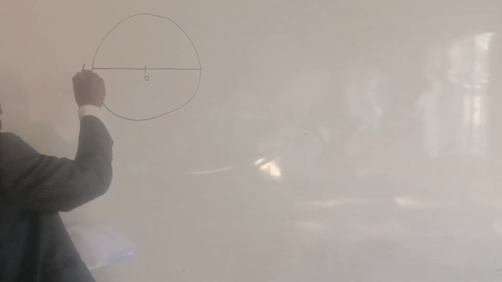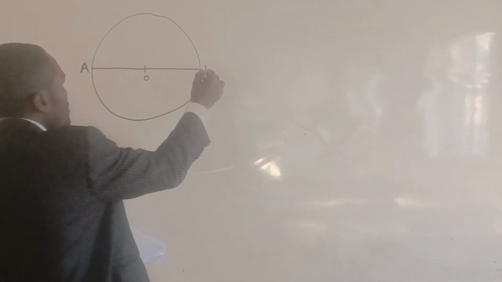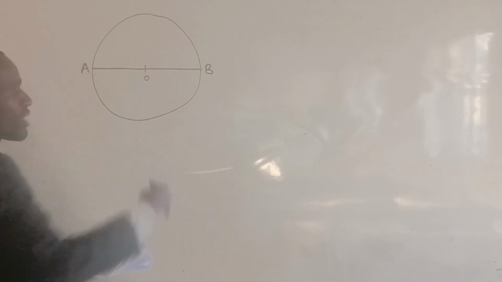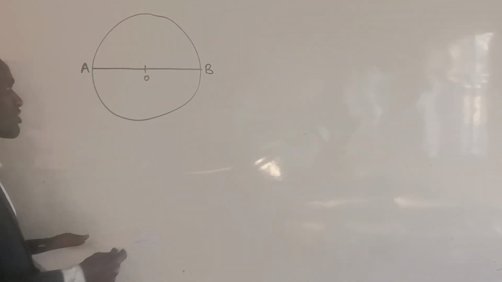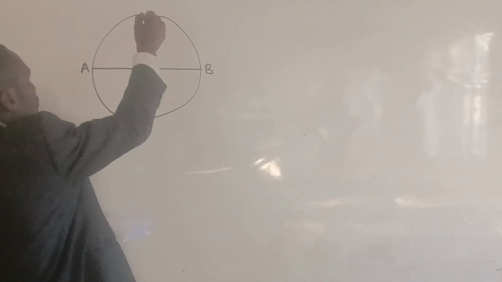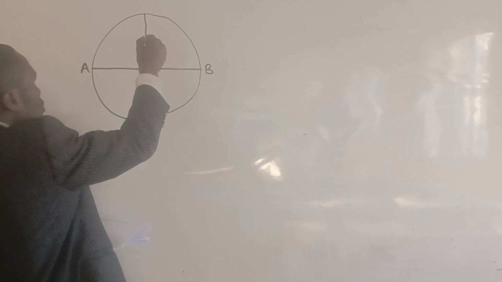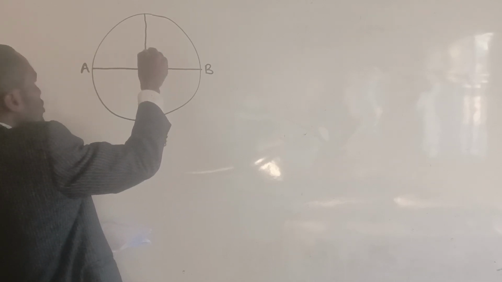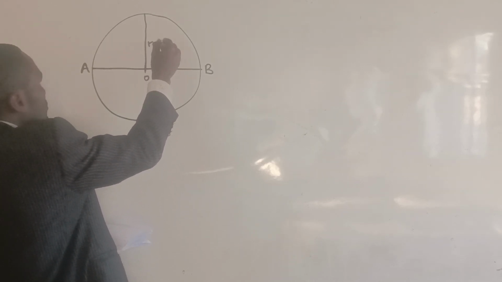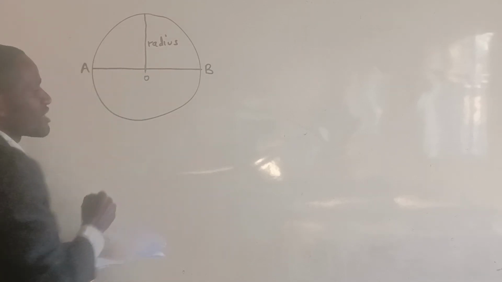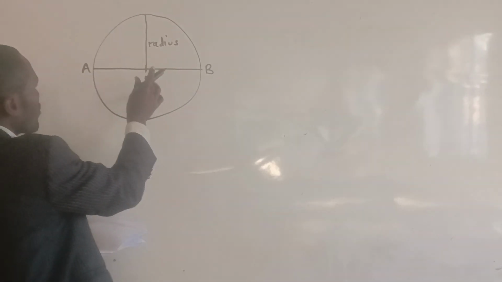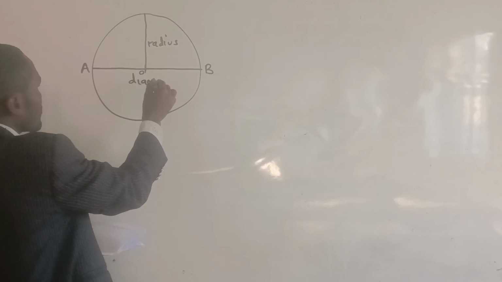So I can call this A and this B. These are the two ends of the diameter. And any line from the circumference of the circle to the center is called a radius. So that's our radius, and this is obviously going to be our diameter.